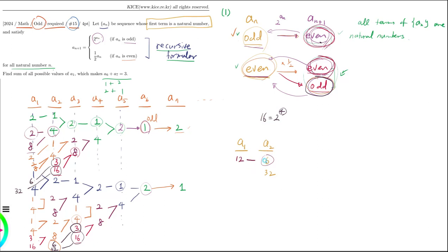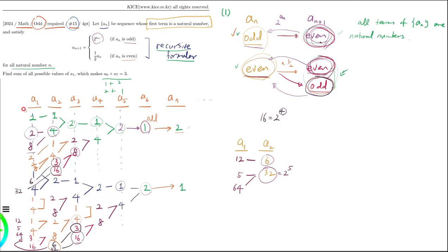The previous number of 6 cannot be odd, and the previous number of 32, this is a power of 2, it could be odd or it could be even here. So this one gives extra numbers 12, 5, 64.